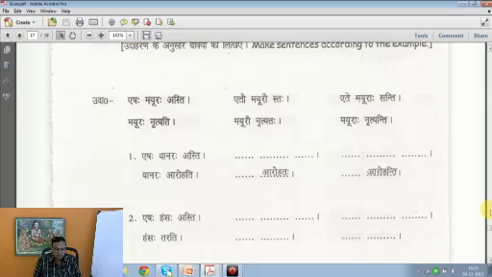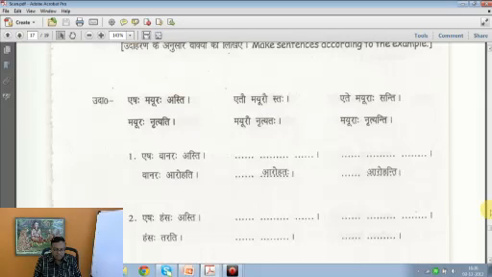Eshaha is a pronoun, asti is a verb. Eshaha mayuraha asti, this is a peacock. Etau mayurau staha, these two are peacocks. Staha is in dual number. Ete mayuraha santi, these are the peacocks.